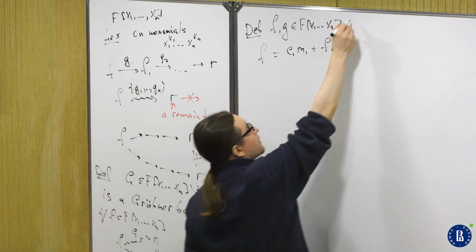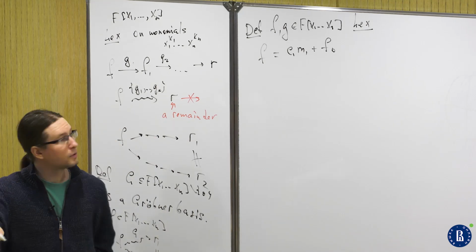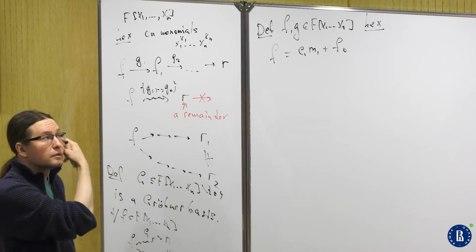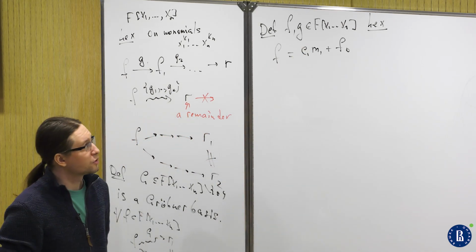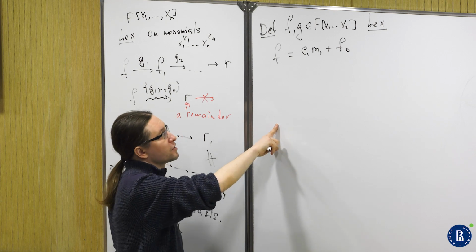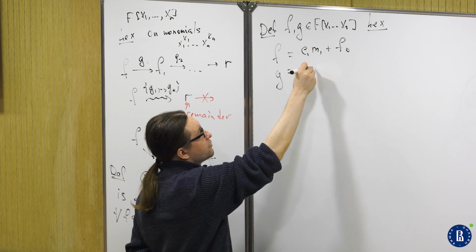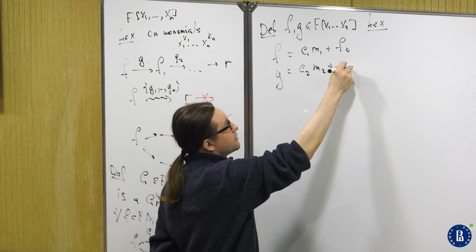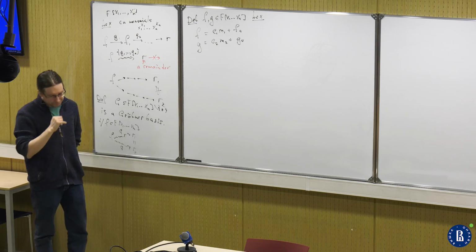Well, this is if we are given a lexicographical ordering, because if we don't have an ordering, we cannot order the monomials, and it's impossible to tell which one is the largest one. But if we have an ordering, then we can fix the largest one here. The same thing happens in the case of g, so this will be C2 m2 plus g0. So these are the highest monomials of the corresponding polynomials.